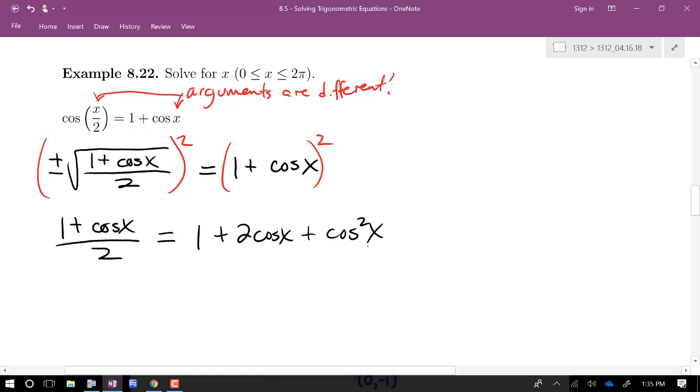We get that because, of course, we have to FOIL that out on the right side. We can't distribute an exponent over addition. We got to FOIL that out. Now we have an equation with fractions, but that we already know how to deal with.